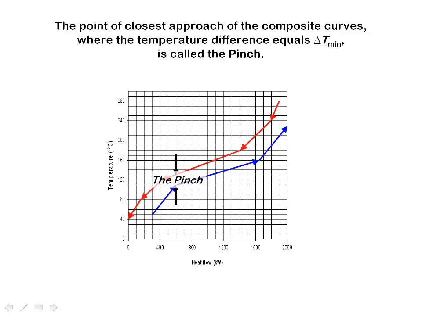So there it is on our diagram. The pinch is occurring at that point. The temperature difference at that point is 20 degrees. The temperature of the cold streams at that point is 110 degrees C, and the temperature of the hot streams at that point is 130 degrees C. So there's the pinch, and the pinch is an important concept.